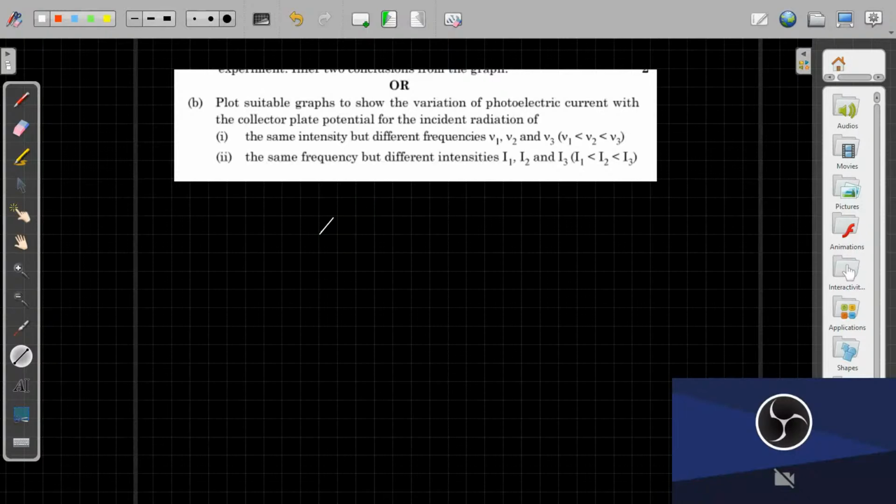So how do we explain the Lenard experiment? The Lenard experiment was something like this. I'm revising it for revision purposes. So here was the picture. We had this evacuated glass tube.